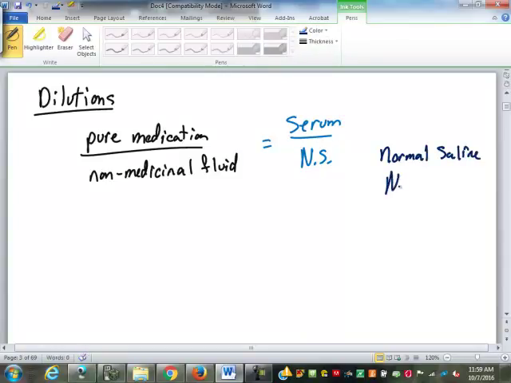Normal saline, neutral solution, which again, it just means some sort of solution has no medicinal value. It's just a carrier to dissolve the medication into it and take it into the body, but it's not going to add anything to the medication other than a vehicle to get it into the patient. Or just sterile water.